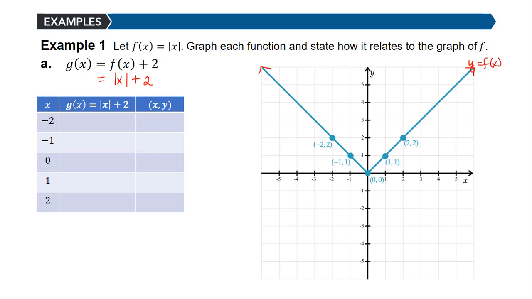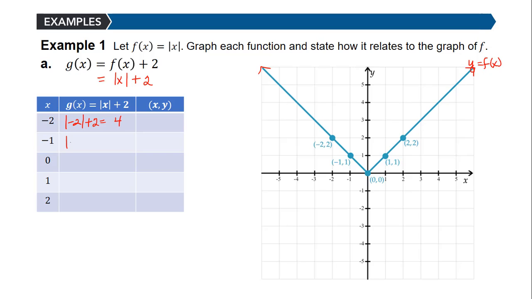In my table I want to plug in the values of negative 2, negative 1, 0, 1, and 2 for x, and let's see what happens. When I plug those into g of x, I'm going to get the absolute value of negative 2 plus 2, which is really 2 plus 2, or 4.